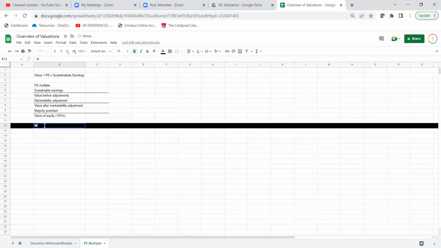To work out the PE multiple, we're going to have a working. This is going to be the starting point: start with the PE of a comparable company.